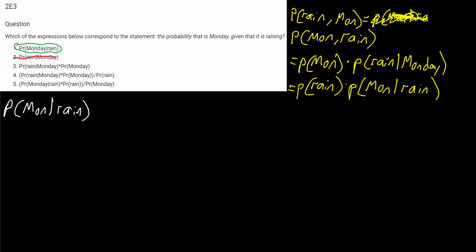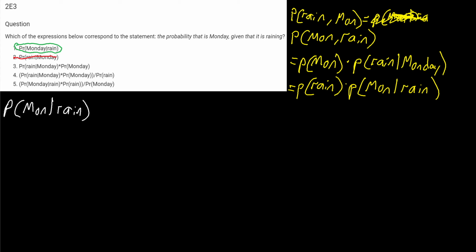Hopefully you can make sense of this. What it's saying is, I want to know the probability of these two events, neither of which I'm sure about, occurring together. One way you could get both it being Monday and raining is to ask, what is the probability of it being Monday? And then for all times that it's Monday, what is the probability of it raining on one of those Mondays?